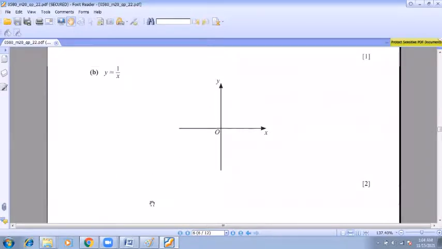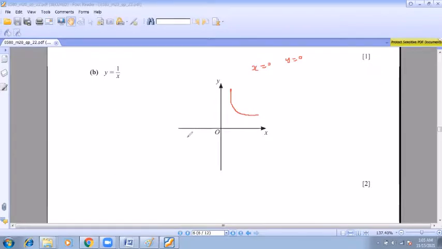Here, if you check the asymptote, the curve of this hyperbolic function will never touch the y-axis or x-axis. So it means x equal to 0 and y equal to 0 are the asymptotes of this hyperbolic function.